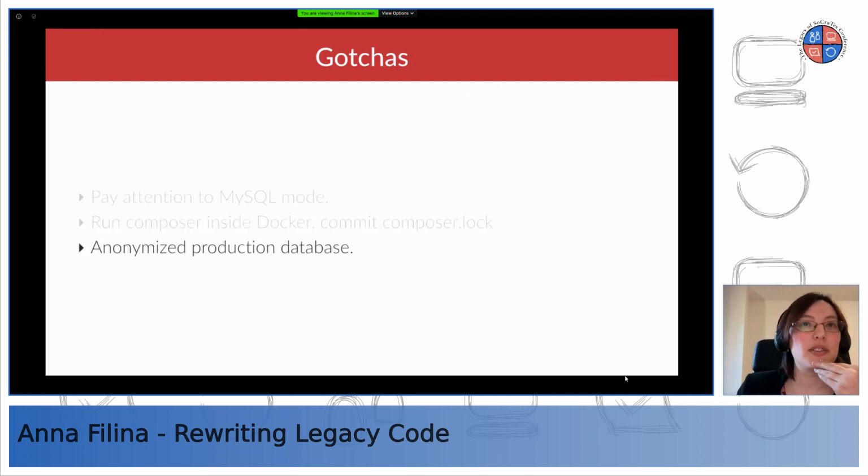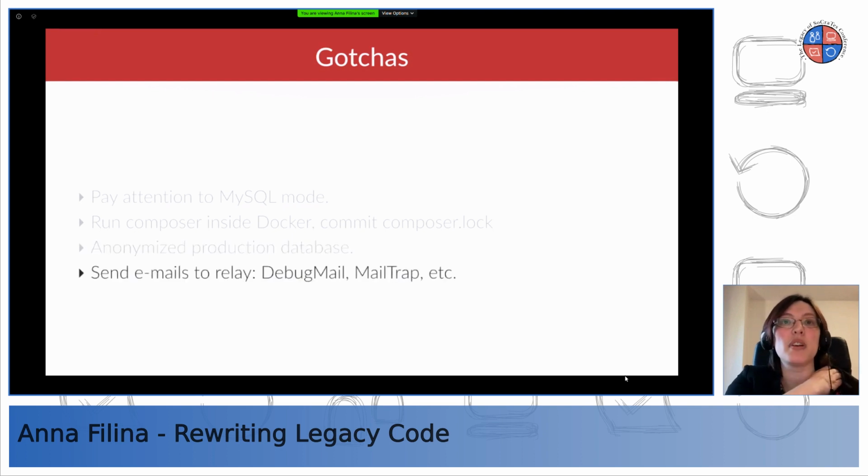You want to anonymize your production database. You can just limit or truncate some of the tables to have a smaller subset, and then replace all the data that is sensitive. Because you're rewriting an old application, you want all the sort of garbage data that comes with it, because you need to account for all of those edge cases. Emails, very important. Don't allow your servers to send any kinds of emails.